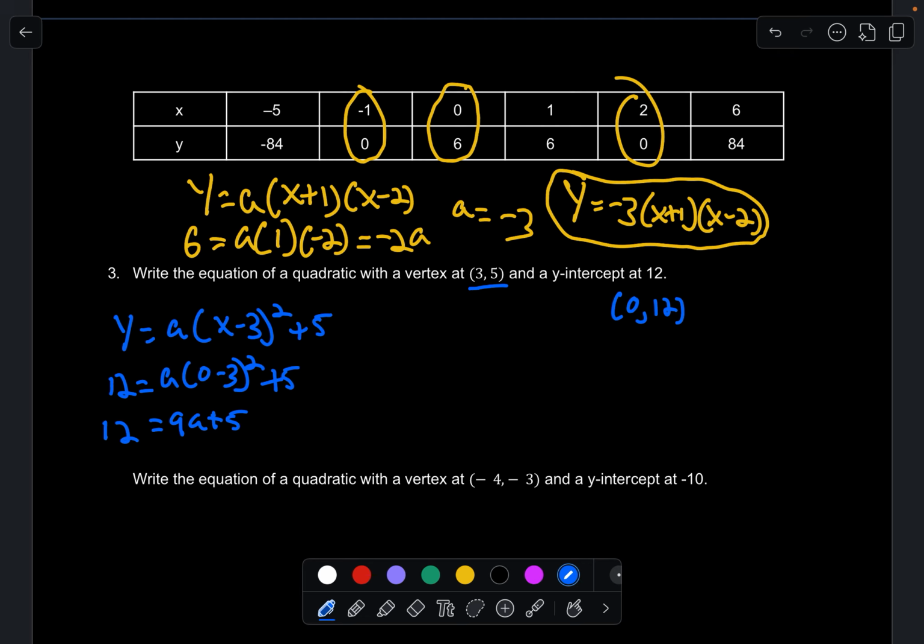Subtract 5, you get 9a equals 7, and then divide by 9, a equals 7/9, which is an ugly fractional answer, but that's what a is. It wasn't that hard to calculate. And we put it all together, and we would have y equals 7/9 times (x minus 3) squared plus 5. And there you go.